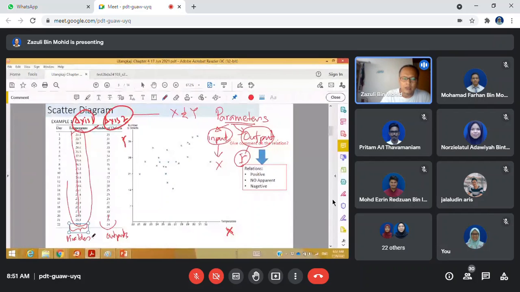So we want to see what happened when the temperature changes, when we set the temperature from the smallest value to the upper value.